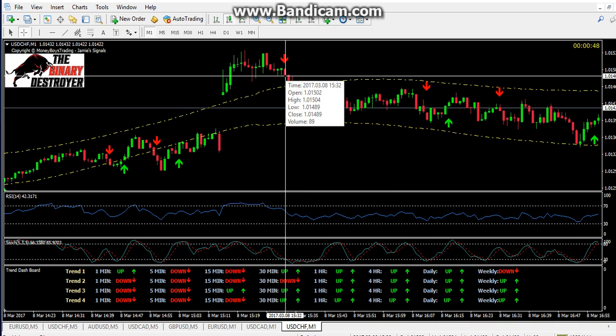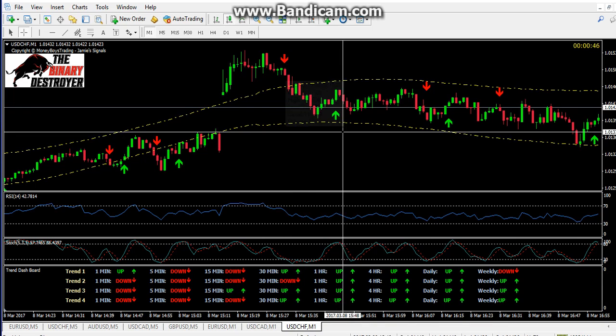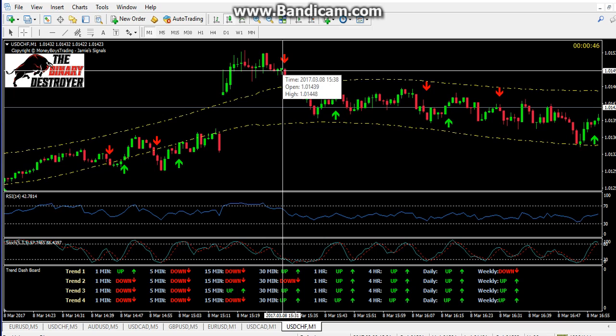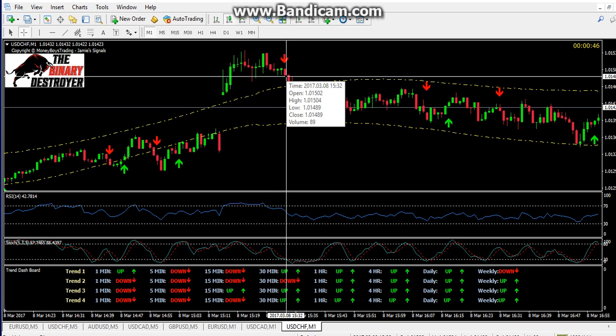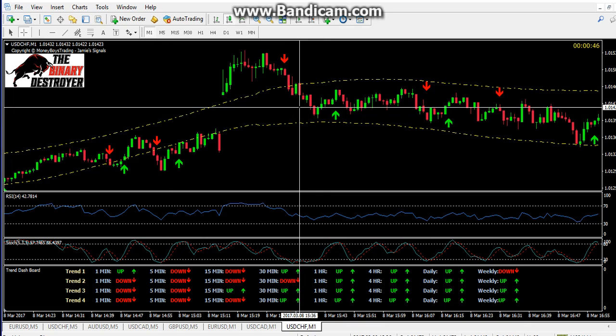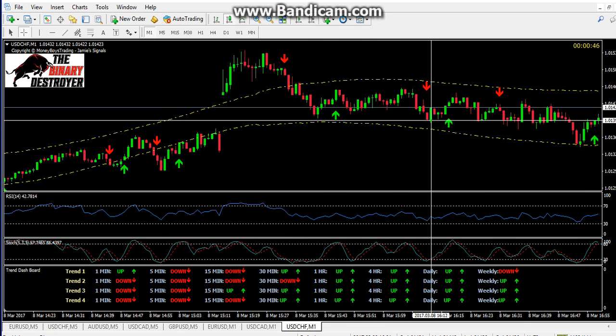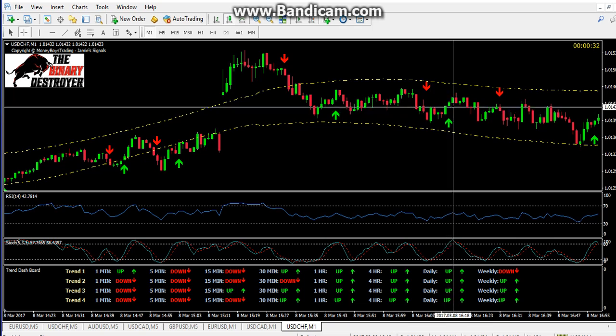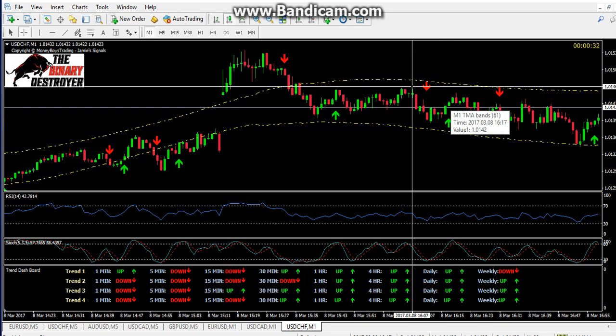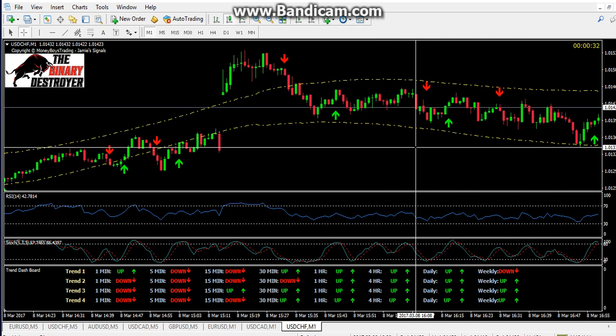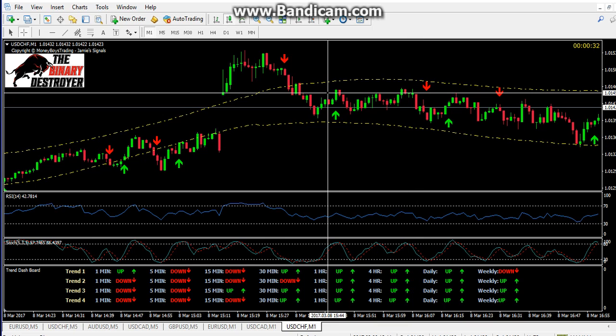When an arrow appears outside of the price line and the candle and arrow are still outside the price lines, those are the perfect entries. If the price comes out and goes back in and an arrow appears in the middle, don't trade it. Trading in between the lines is risky for beginners.